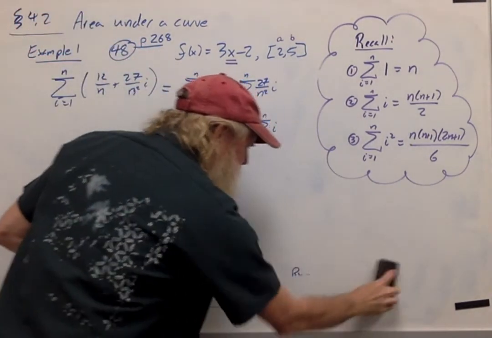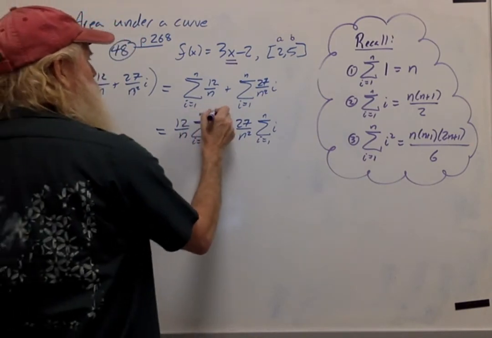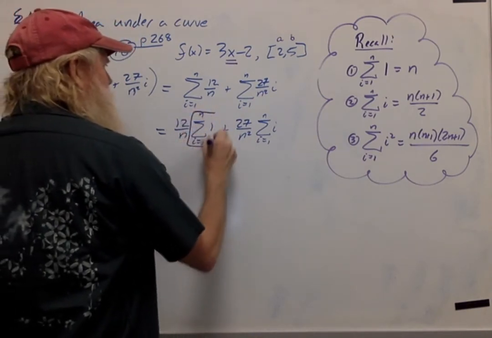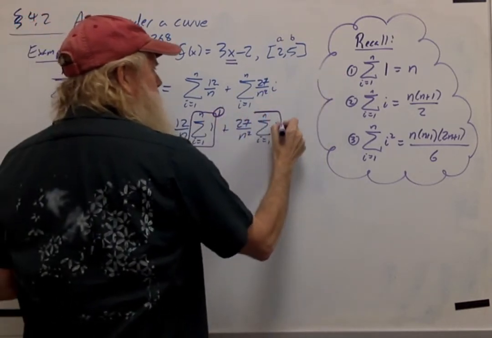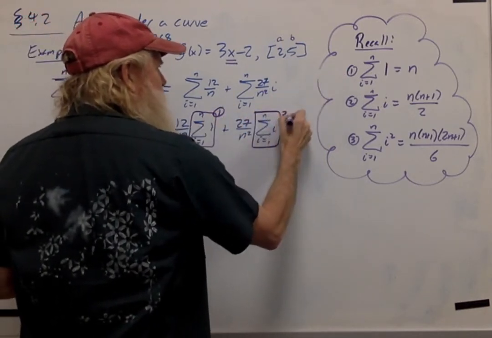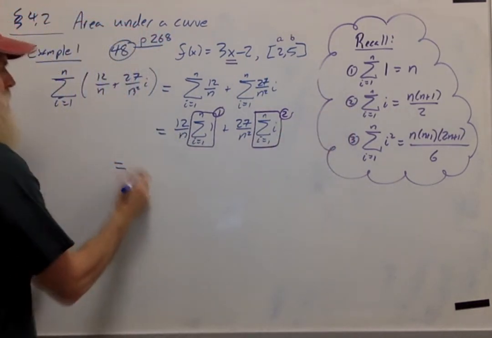And then notice that each of those sums is in the form of one of these summation formulas. The sum of 1 is formula 1, and the sum of i is formula 2. So let's substitute those in.